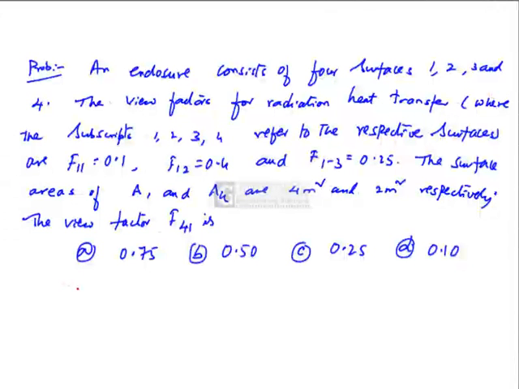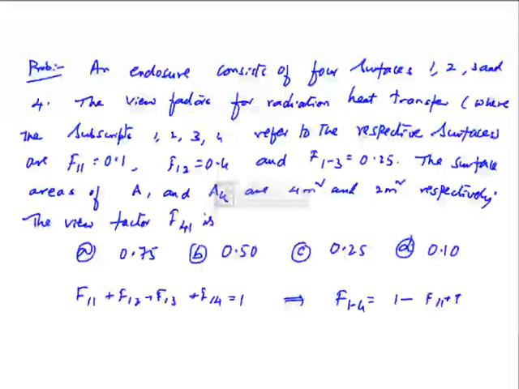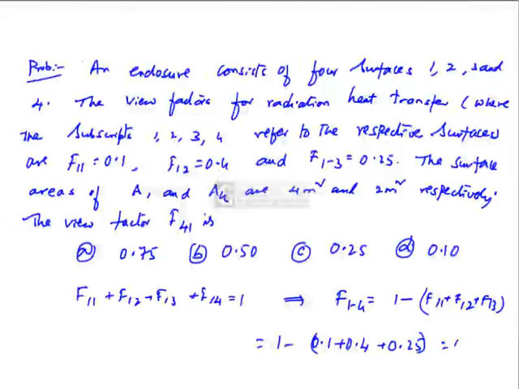From relations of shape factors, I can say that F11 plus F12 plus F13 plus F14 is equal to 1. Implies F14 is equal to 1 minus (F11 plus F12 plus F13). That is 1 minus (0.1 plus 0.4 plus 0.25). It comes to 0.25, F14.